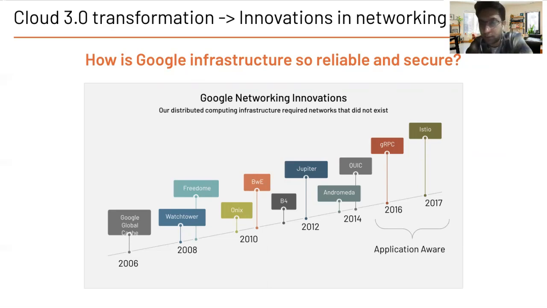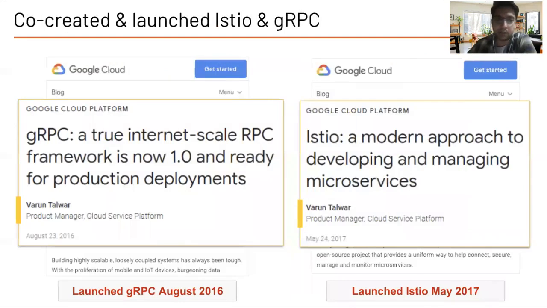of the last two, namely gRPC and Istio, both of which I was a co-creator for. And those are where the networking stack was taken to the application level, really making the networking application aware. So gRPC, as some of you may know, is this modern RPC fabric, and was launched in 2016.